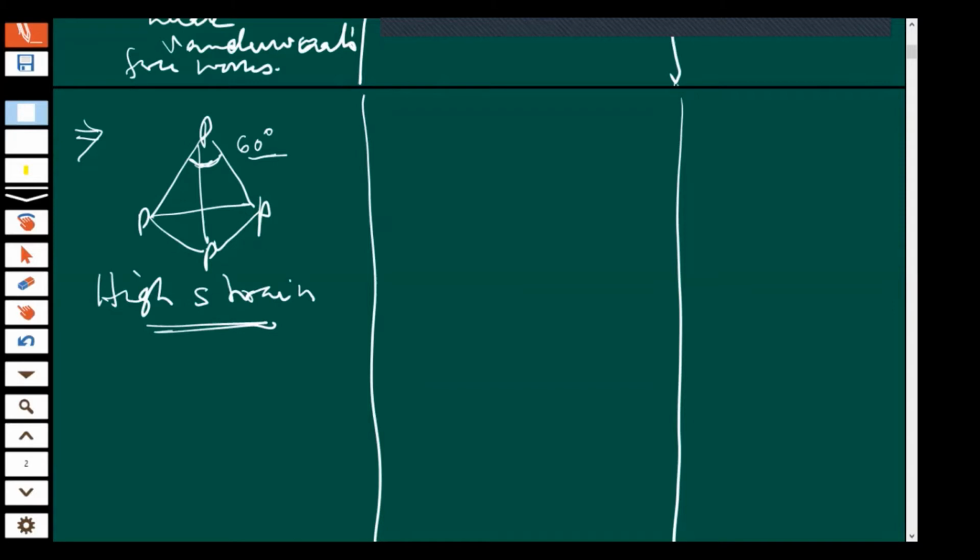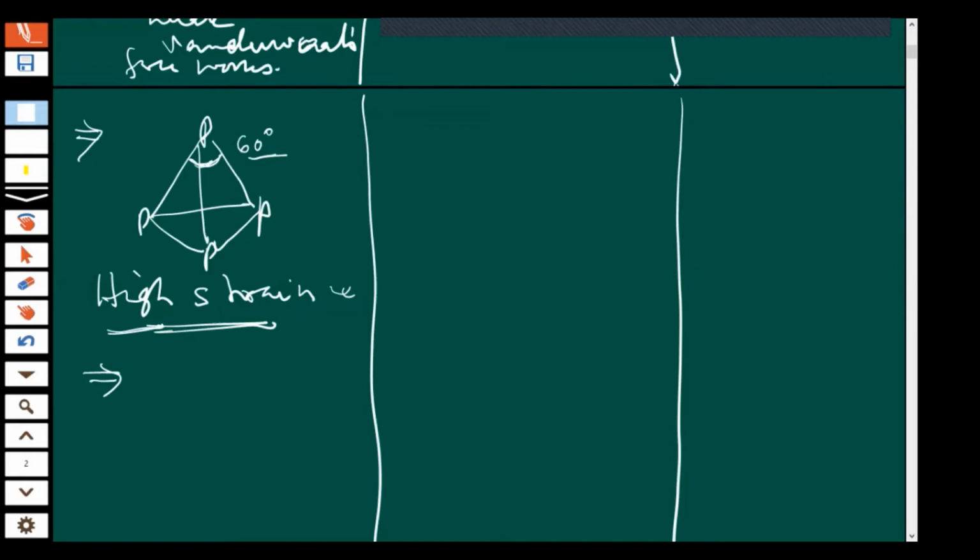Okay, high strain, because generally phosphorus wants to be in a tetrahedral unit, that is angle 109 degree 28 minutes. So instead of that angle, they are forced to be in 60 degree, so they are in high strain.